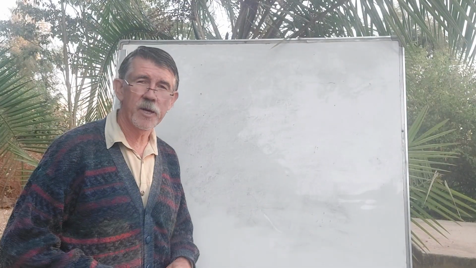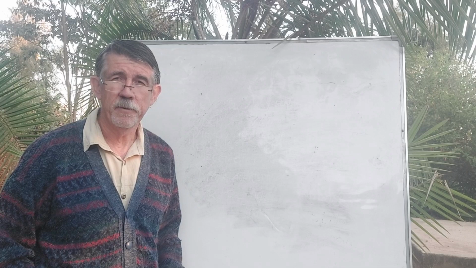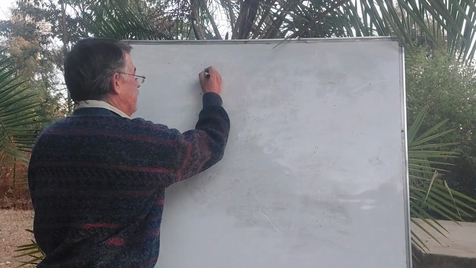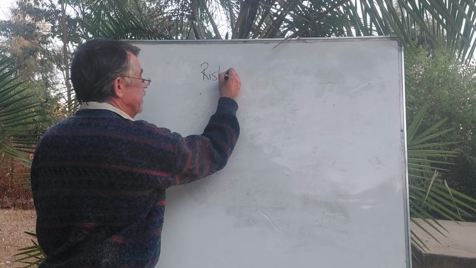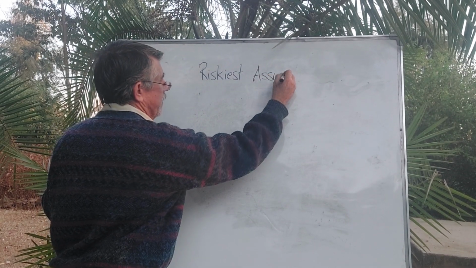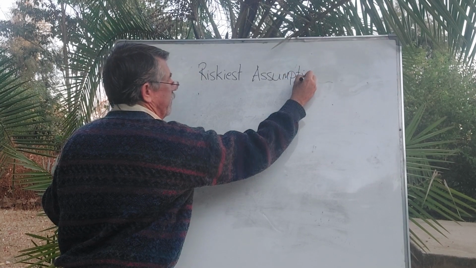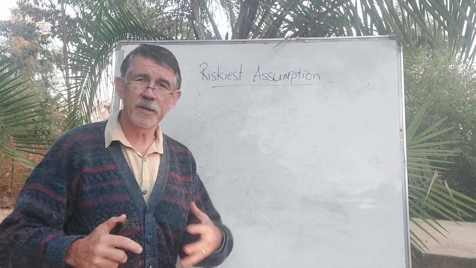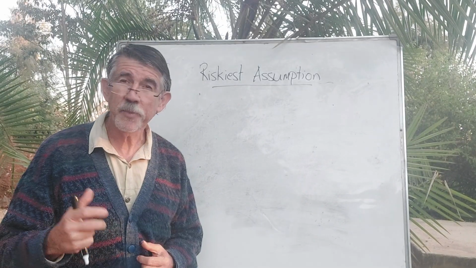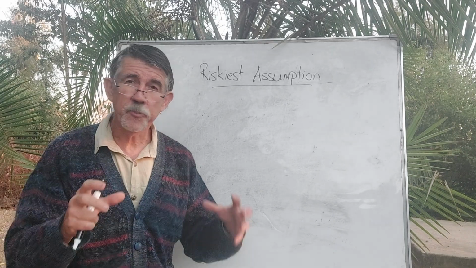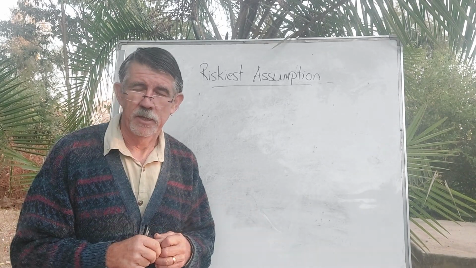Now a second way of analyzing your farm plan budget is to look at the riskiest assumption. Okay, so when you build up your model, you make certain assumptions about the components that make up that model.